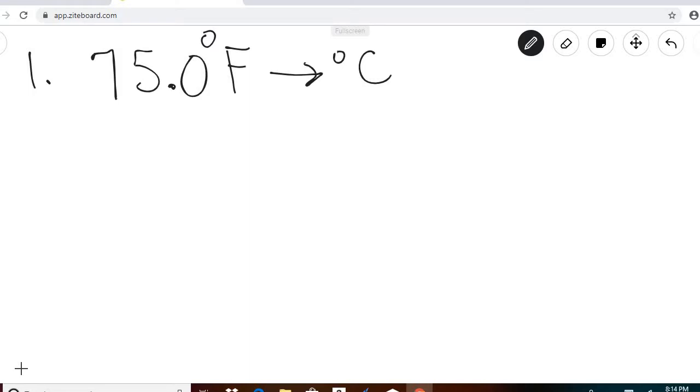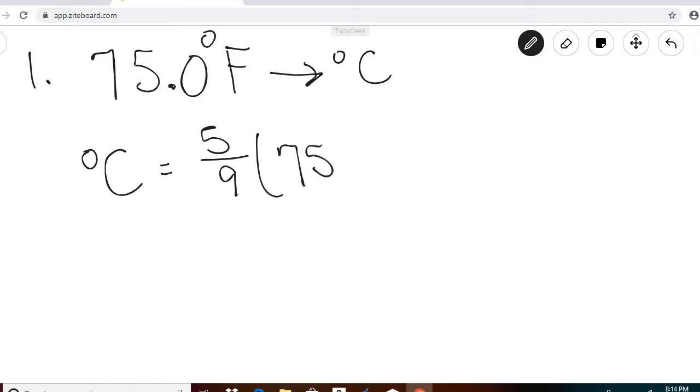The formula for degree C is 5/9 times the Fahrenheit temperature minus 32. And that 32 is an exact number, so we'll just go out to the ones place.